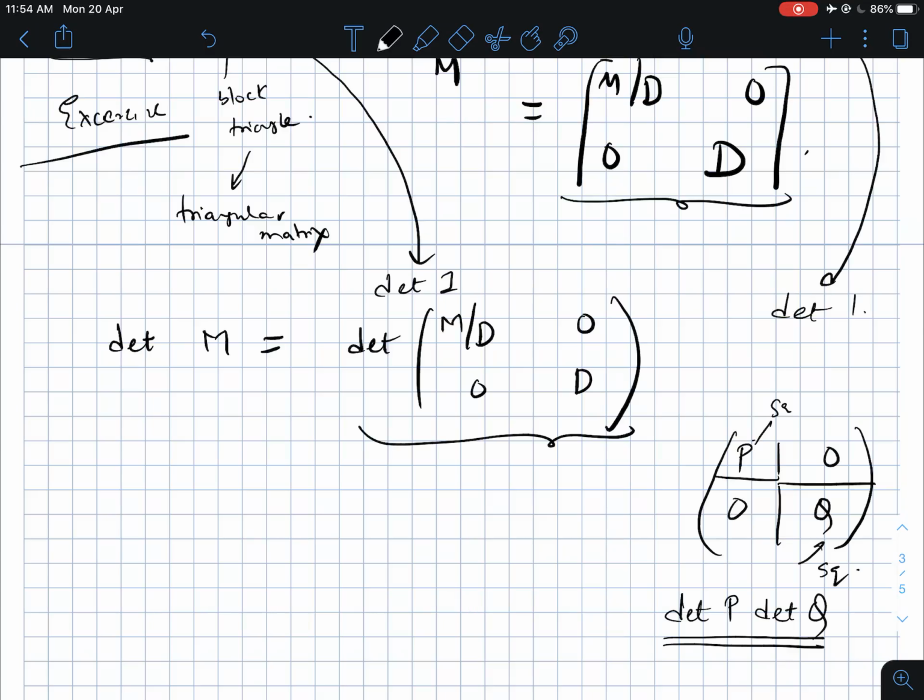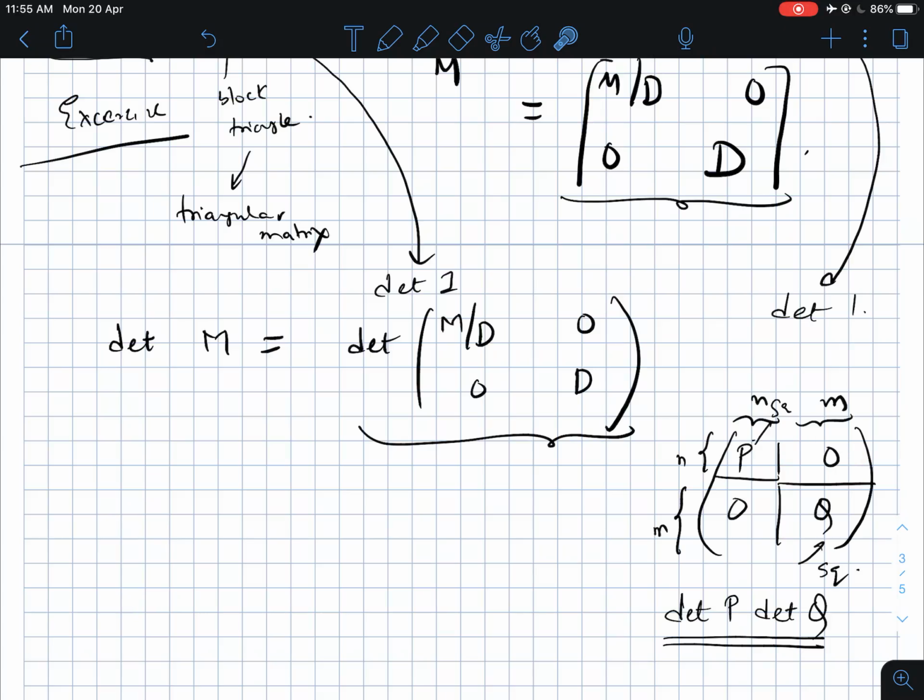That's how you pick it, right? Now here, if I have to pick an entry from one row and one column, I cannot pick any of these entries. Let's categorize this: this is n rows, this is m rows, this is n columns, this is m columns, right? So from the first n rows, I cannot pick any of these entries, because then the term product will be 0 anyway, right?